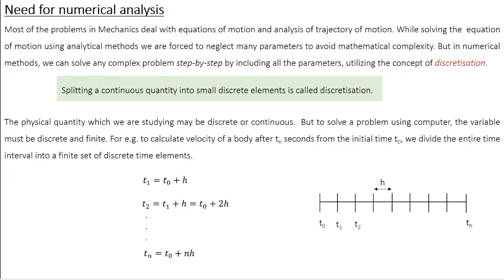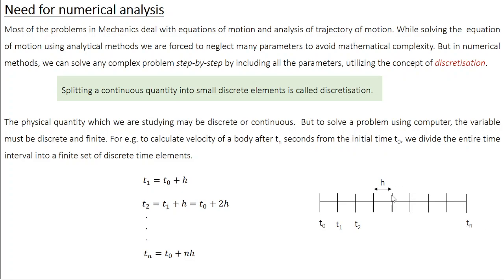For example, to calculate the velocity of a body after tn seconds from the initial time t0, what we do here is divide the entire time range into a number of discrete time elements. So the original range is t0 to tn, you divide it into t0, t1, t2, t3, etc. So you make a number of elements.